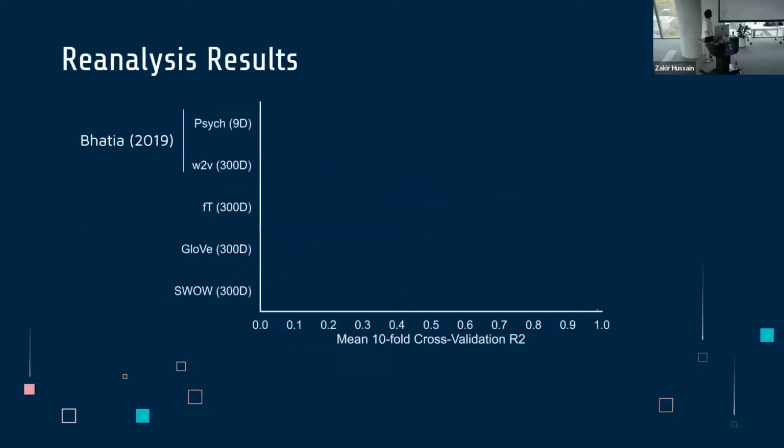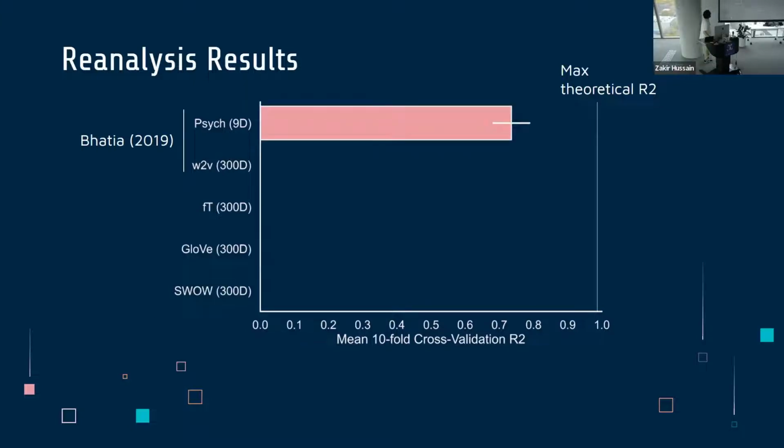So getting on to the results, on the x-axis here, you can see the mean tenfold cross-validation R squareds. And on the y-axis, we have our models, including the two that Bhatia analyzed in his 2019 paper. We also have the maximum theoretical R squared that we could obtain as estimated from the reliability of the mean risk ratings.